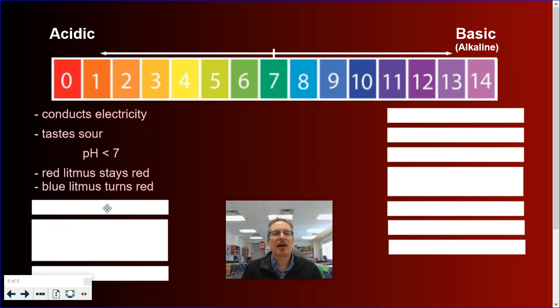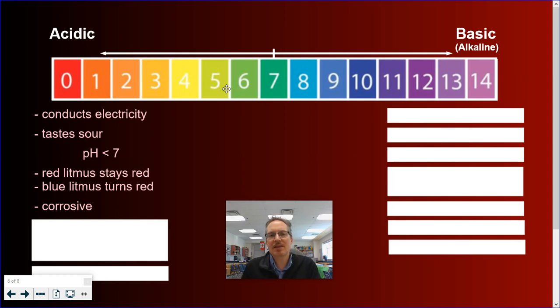Our fifth quality of an acidic substance is that acids are corrosive. Now, there are strengths of acids, and they get stronger as we get closer to 1 and 0. But even up here at 4, 5, 6, acids are corrosive. Acid rain is any precipitation that falls from the sky that has a pH of 5.6 and lower.